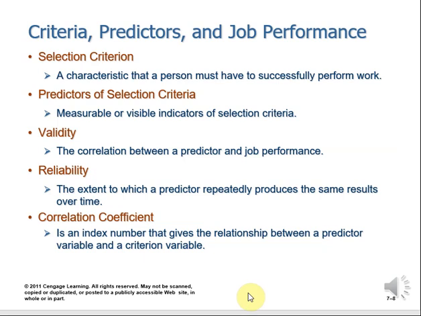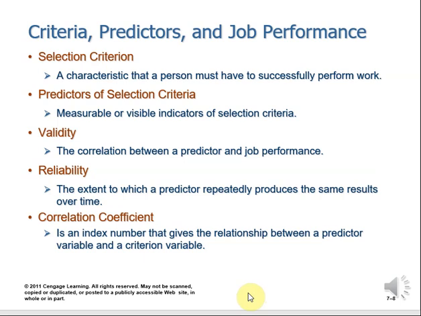I've got to find a way to say, all right, when it comes to communication, this person is 8 out of 10. When it comes to leadership, this person is 7 out of 10. When it comes to mathematical abilities, this person scored 970 on a test, right? So you have to be able to measure accurately and objectively the applicant's performance against that criteria. And we call that your predictors.